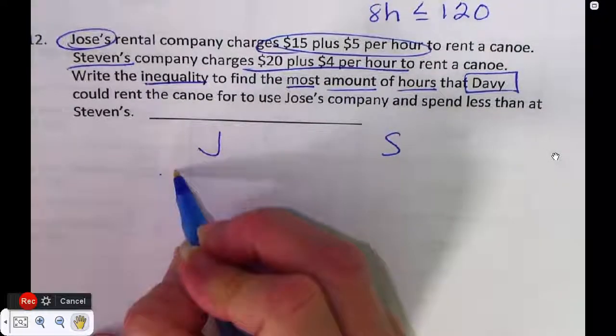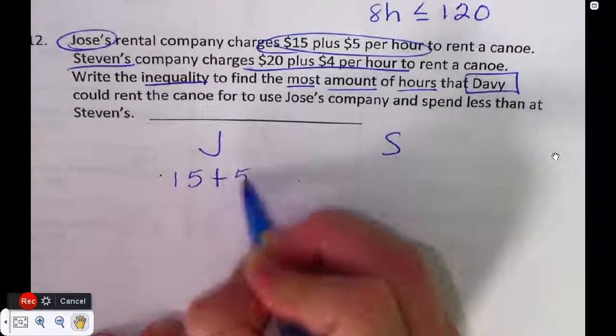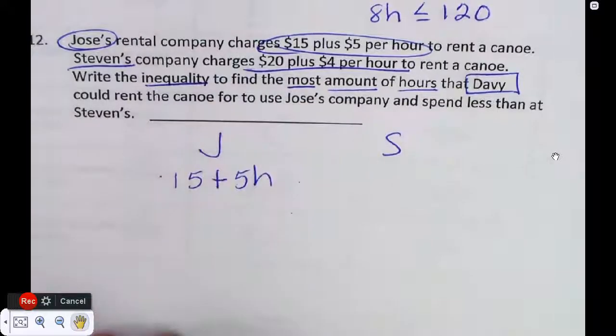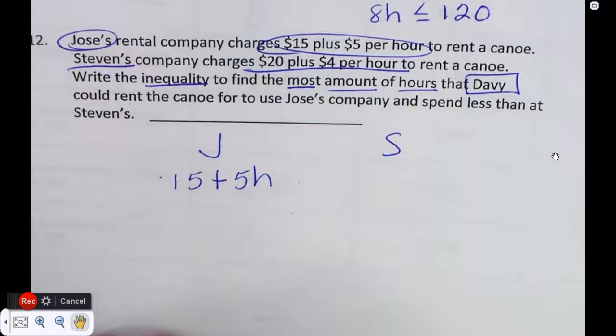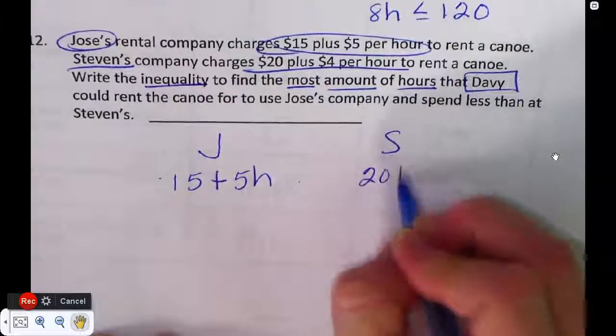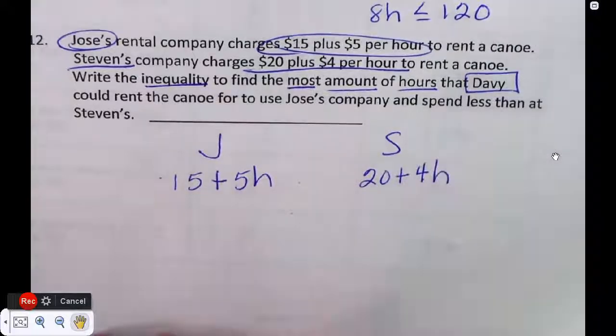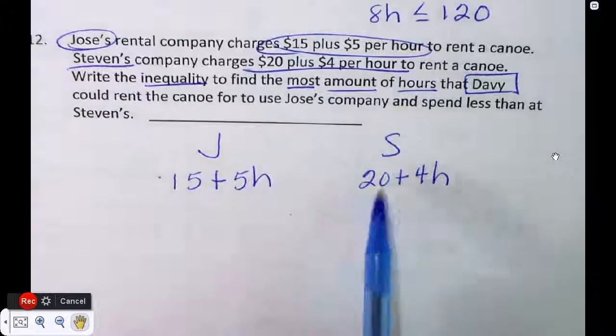Go. Good. 5H. Good job. Stevens, when I say go, everybody tell me Stevens. Go. Good job. Now, this is Jose's, this is Stevens.